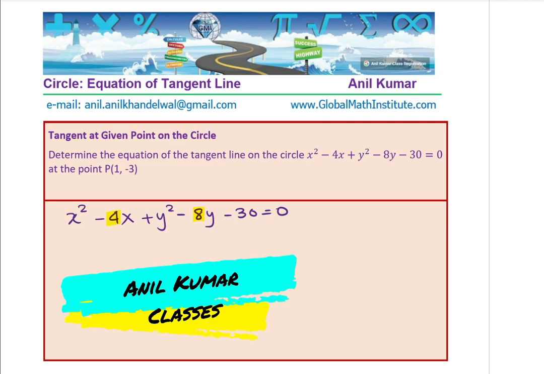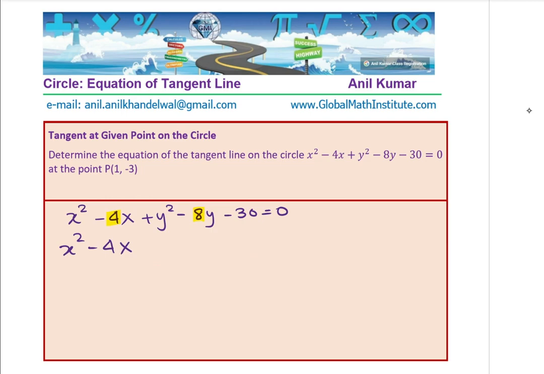That will help us to complete the squares. You get the idea, right? So we can do x squared minus 4x, and half of this is 2, so we'll add 2 squared to the left side and also to the right side. So we are maintaining the same equation. We are not making any changes.